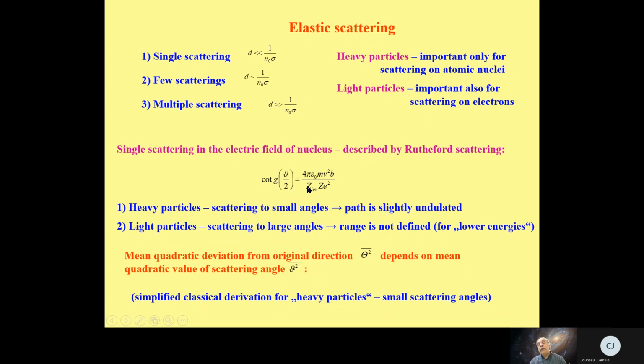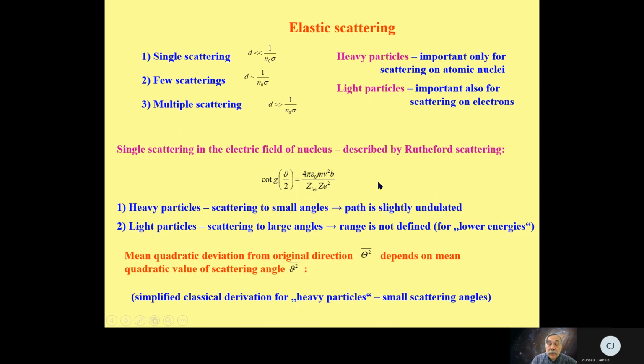I don't know if you already had a lecture with the derivation of this Rutherford scattering, but okay, this is not important. From Rutherford scattering, it's possible to derive the relation between the angle of scattering and the impact parameter.